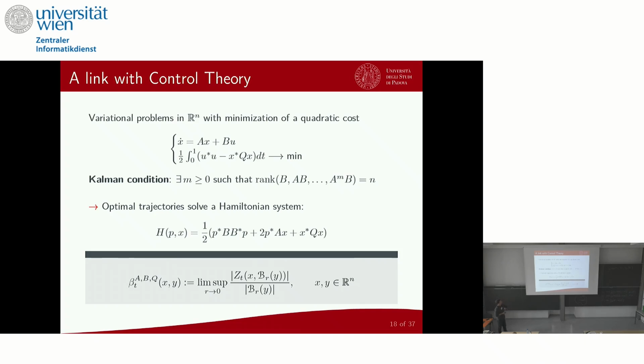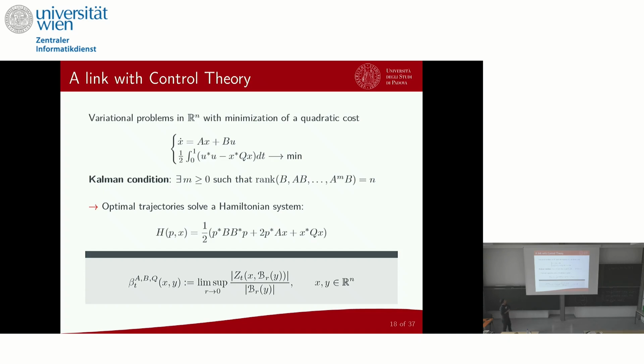if you wish, you can think to produce similar distortion coefficient, not only for geometrical situation, but also for this kind of variational problem. These are very simple variational problems where you have a dynamic which is written in this form, x dot equal Ax plus Bu. You should think u as a control, and you minimize a quadratic function, which is u squared minus a potential.